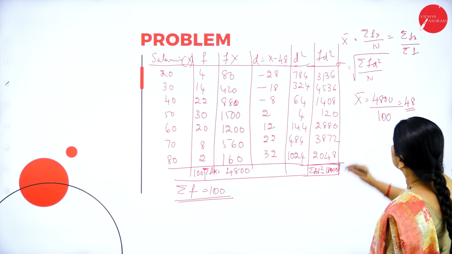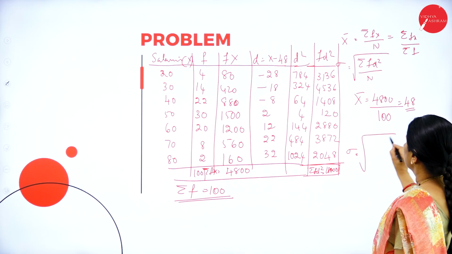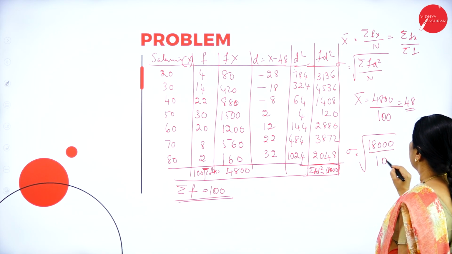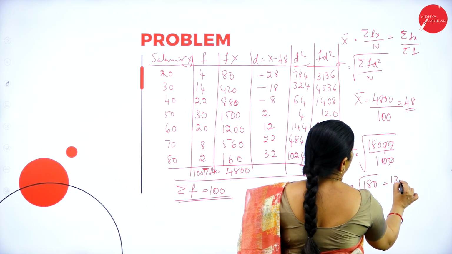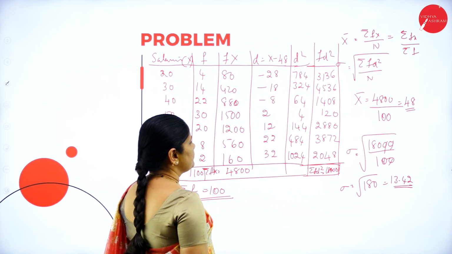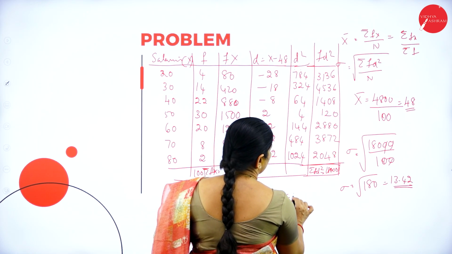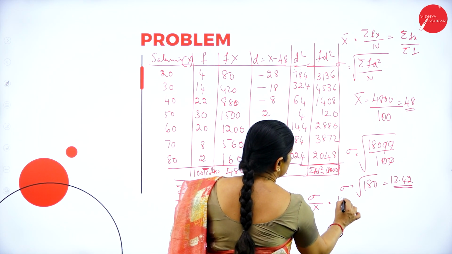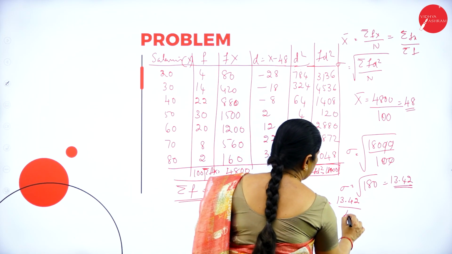So I have the sigma fd square, I have n. So standard deviation will be root of 18,000 divided by 100. So that will be equal to 13.42. So the root of 180 is 13.42. Now coefficient of standard deviation will be equal to standard deviation by mean, that is 13.42 divided by 48.